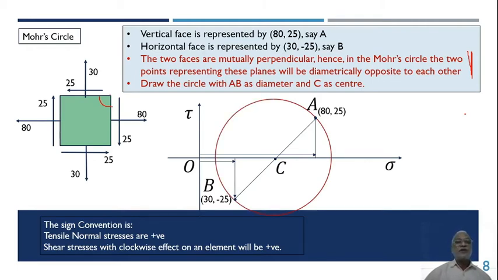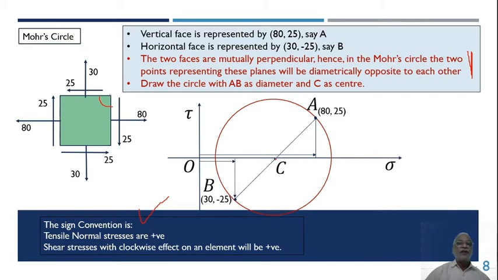That's your Mohr circle. Now how to draw Mohr circle is very simple. You have to get a graph and then define sigma axis, tau axis, and you have the sign convention not to be forgotten, right? Simply this represents one point, and this face represented another point, and because they are perpendicular to each other, they represent a diameter.